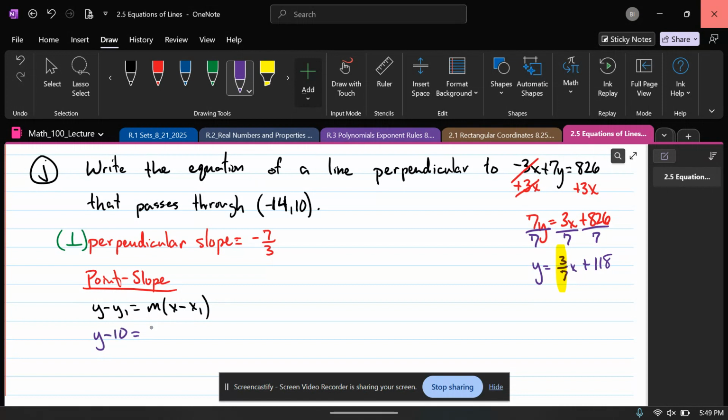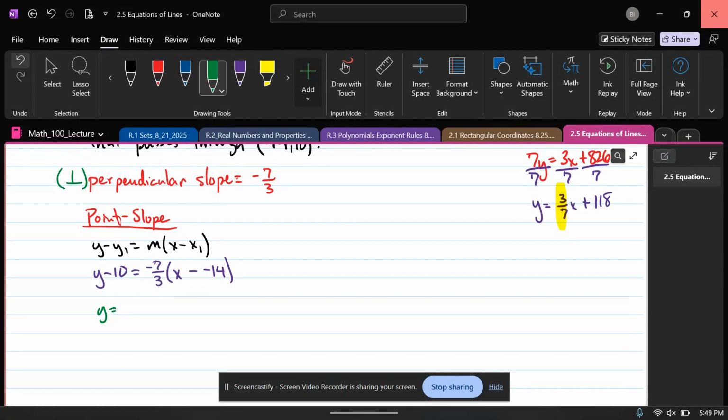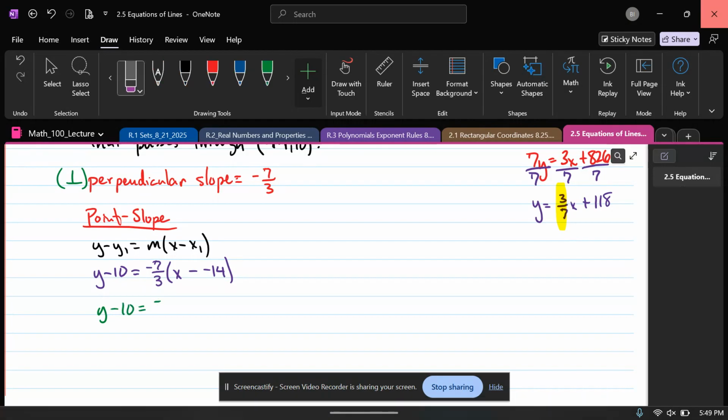And in the m's part, I've got the negative 7/3. And then inside the parentheses, I've got x minus negative 14, which we can make a little bit better with the double negative. If you want to do that in one step, I'm absolutely on board for that. You would write your answer as y minus 10 equals negative 7/3 x plus 14. If you went straight to that, I'm good with that. There's my point slope form. Isn't that lovely?